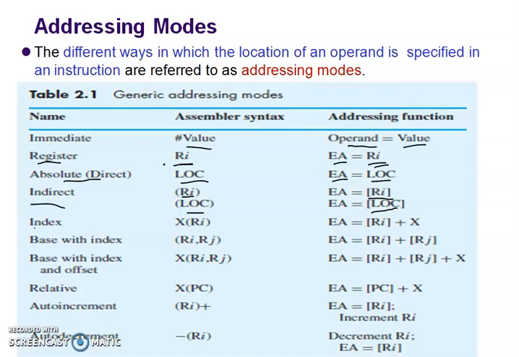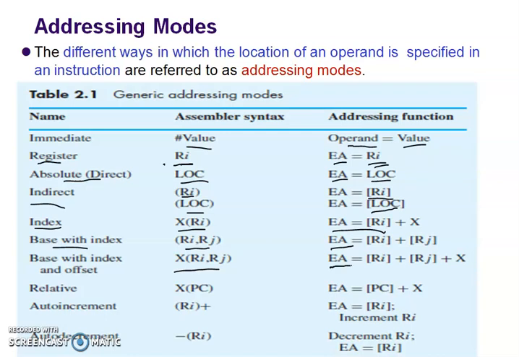Then next is indexed addressing mode, in which the notation is X of Ri. Effective address computed is EA is equal to Ri plus X. Then base with index means we will be having two registers including the base register, and the effective address computed is Ri plus Rj. Base with index and offset, in that case you will be having the base register plus the offset value also will be taken.